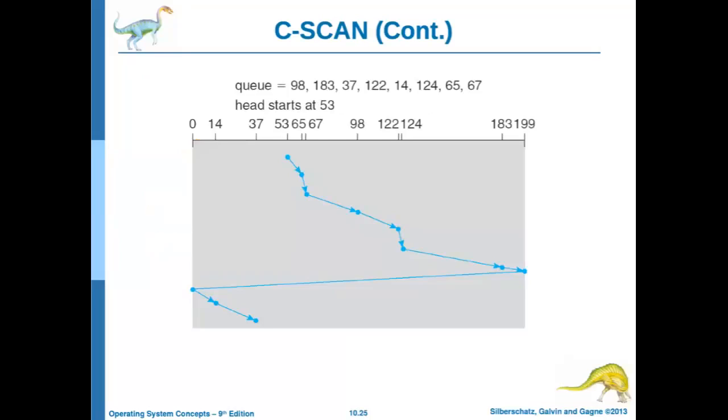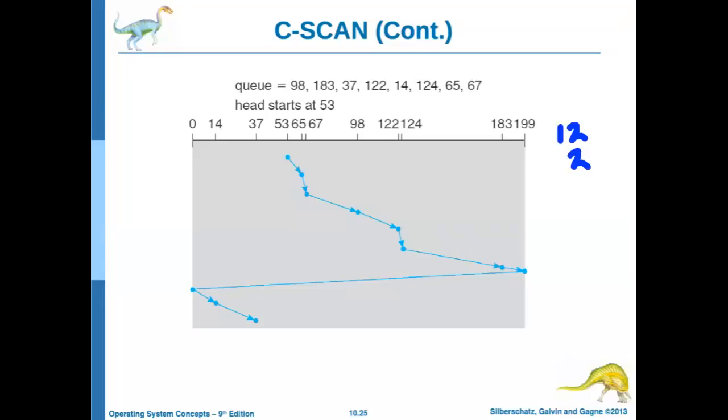For example, the same queue is there. Head will start at 53. Now say for example, the direction selected is from lower cylinder numbers to higher cylinder numbers. So 53 to 65, difference is 12. Next 65 to 67, difference is 2.